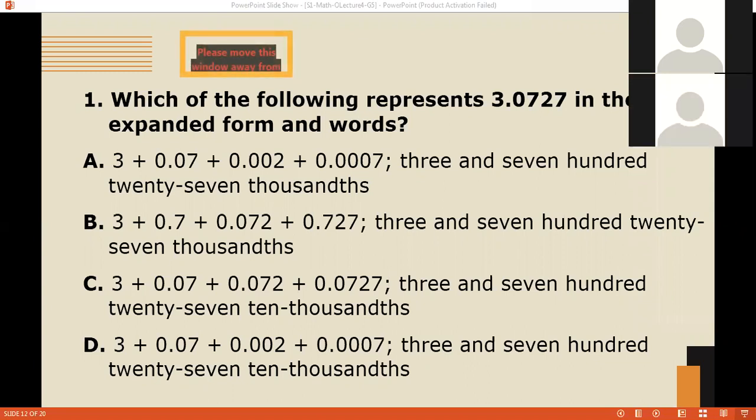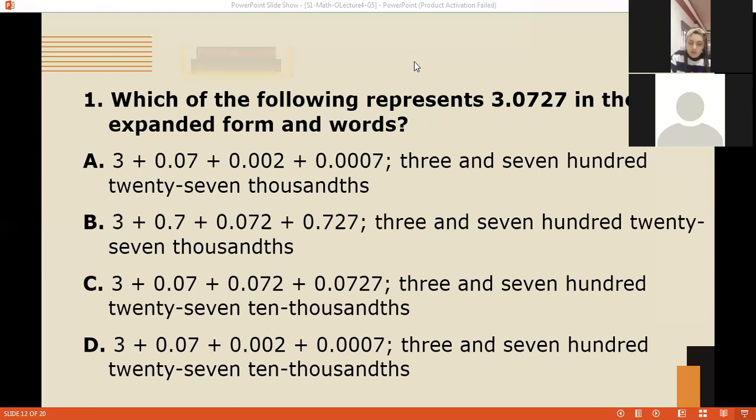We have the number 3.0727. Okay? And you have 4 choices. Which one is the correct form of the expanded and word form of the number? Yalla, think well, then give me the answer, okay? Okay.